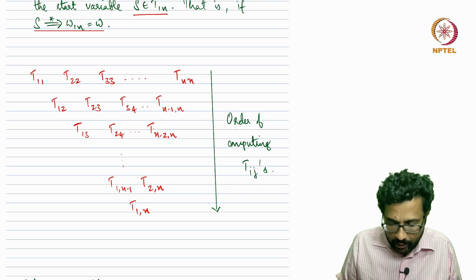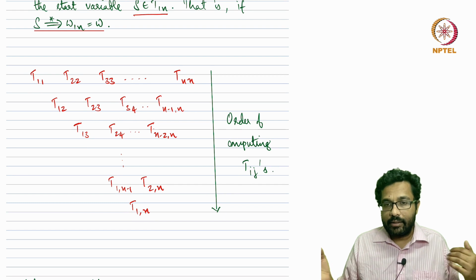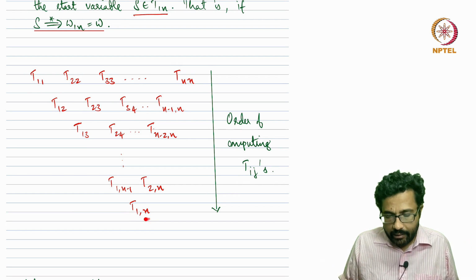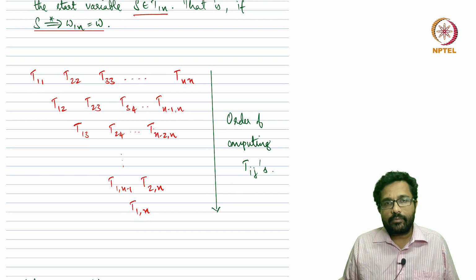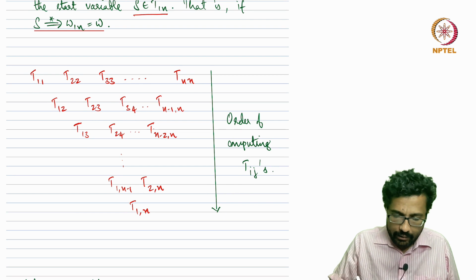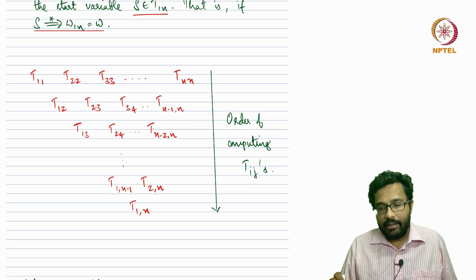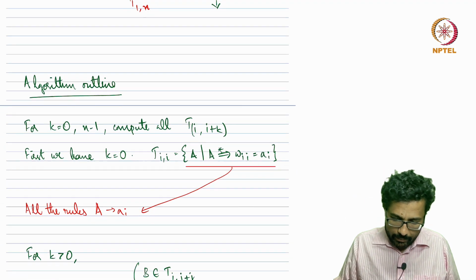And finally, we come to the last set, which is T1n, the only substring of length n. Then we check whether the start variable is part of this set. So this is how we are going to compute the Tijs, from top to bottom.